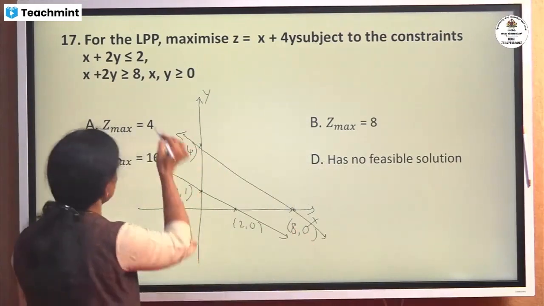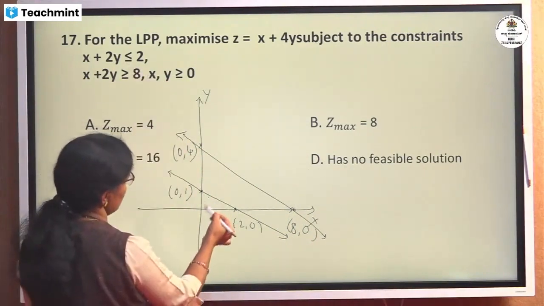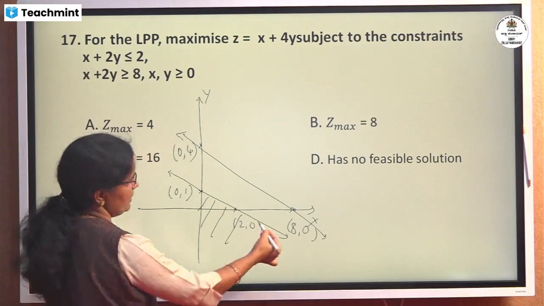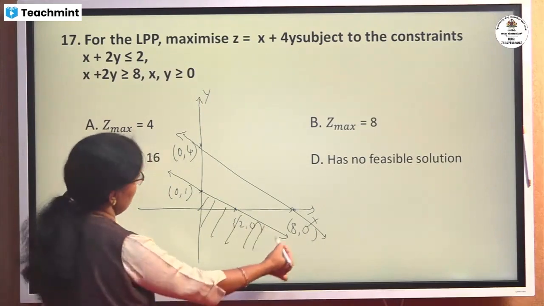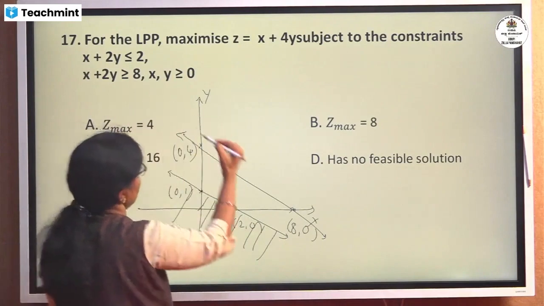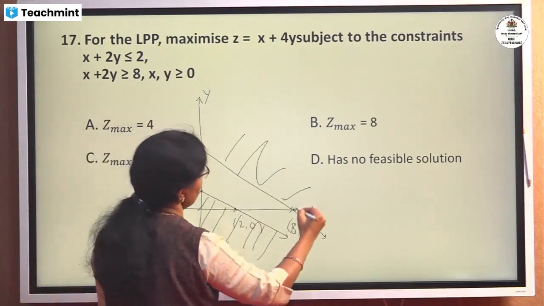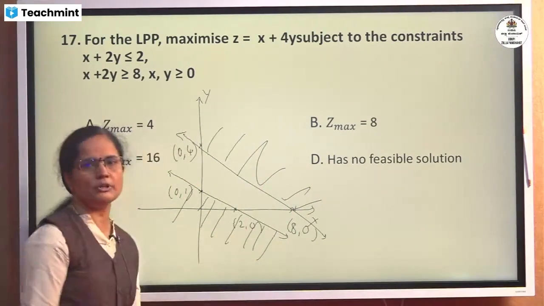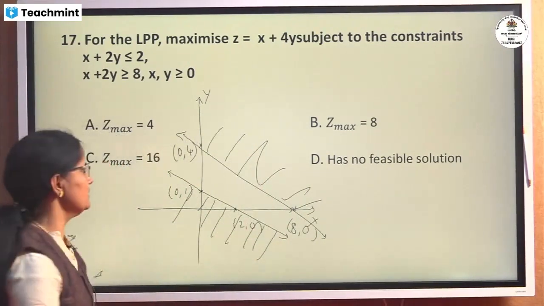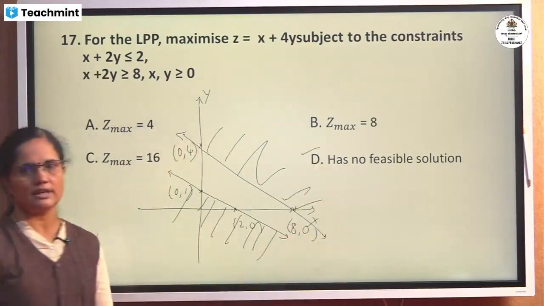So for this inequation, the solution is with origin, this portion. For the other, 0 is greater than or equal to 8, that's wrong. Therefore, this portion is the solution. So it has no common feasible region. Therefore, has no feasible solution is the correct answer for this.